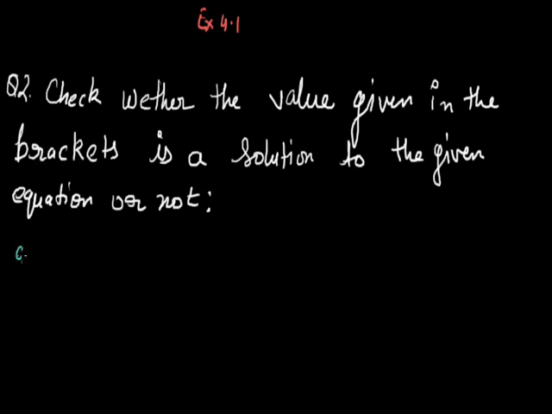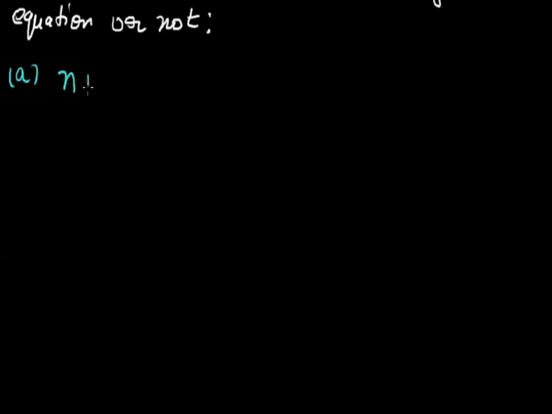Now the first part is n plus 5 is equal to 19 at n is equal to 1.